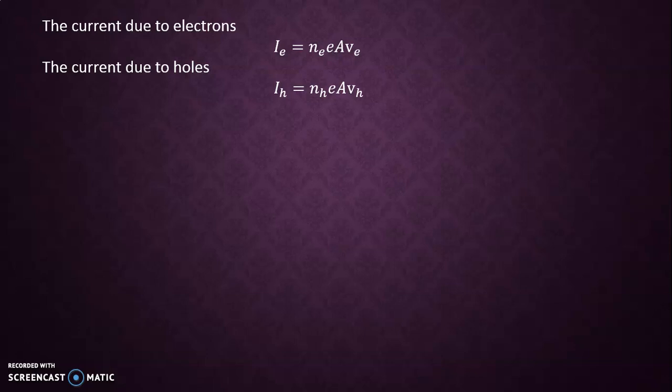Now we get the current due to electrons and current due to holes. So the total current I we can write as the addition of the current due to electrons and the current due to holes, which gives the total current passing through a semiconductor. Now we'll substitute this value in this equation.